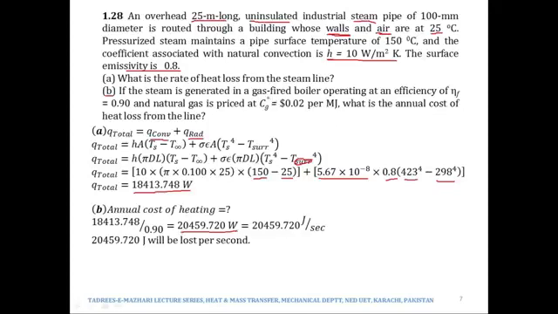If the efficiency of the gas fired boiler had been 100%, it would have remained 18413, but since it is not operating at 100%, it is operating at an efficiency of 90%.